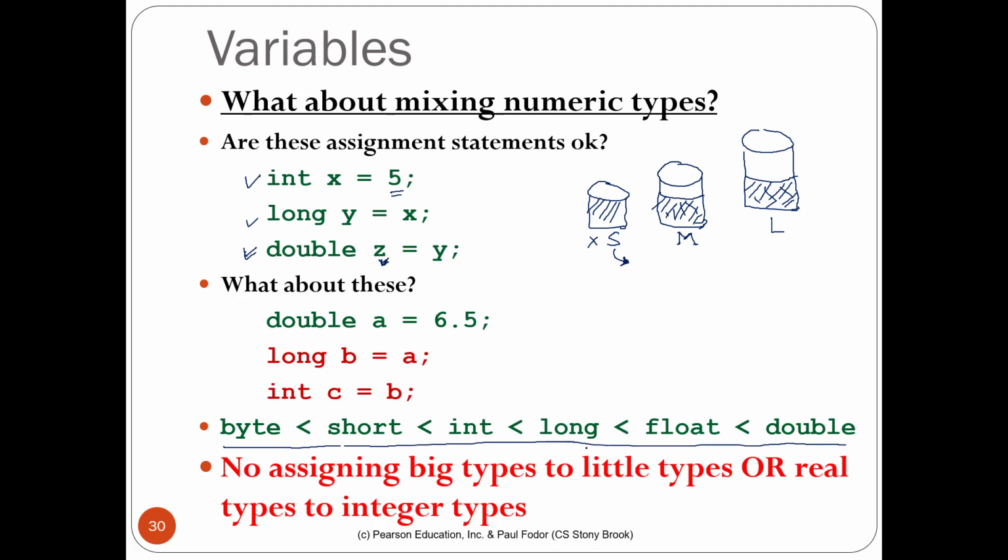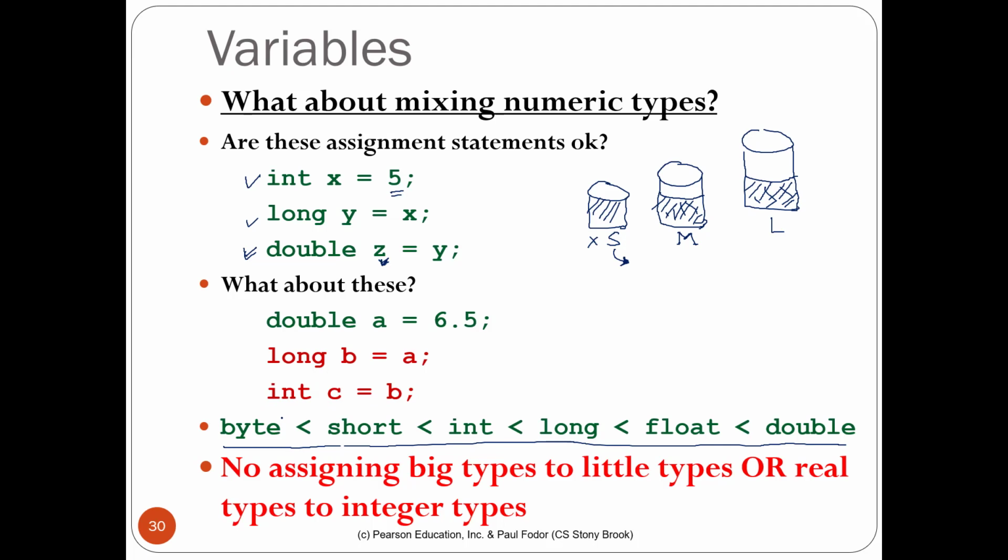The smallest is byte, then short, then integer, then long, followed by float, and then double. So you can assign a byte to short, byte to int, byte to long, byte to float, and byte to double. But it cannot be the other way around.